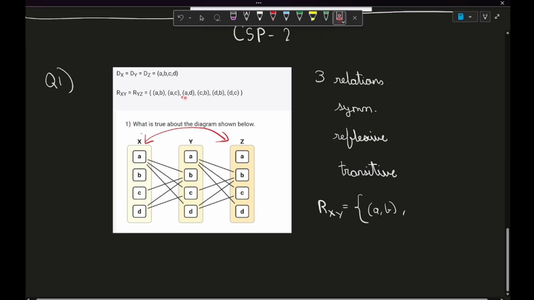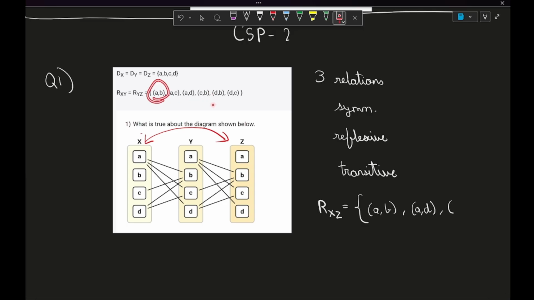If we see AD and then we see DB, then we can say A comma D should be in the relation between X and Z, under the assumption that transitive relations are allowed. No, A comma D, how? Because AB and, okay, no, sorry, AC and CD. No, sorry, it should be B. Okay, yeah, it shouldn't be there.